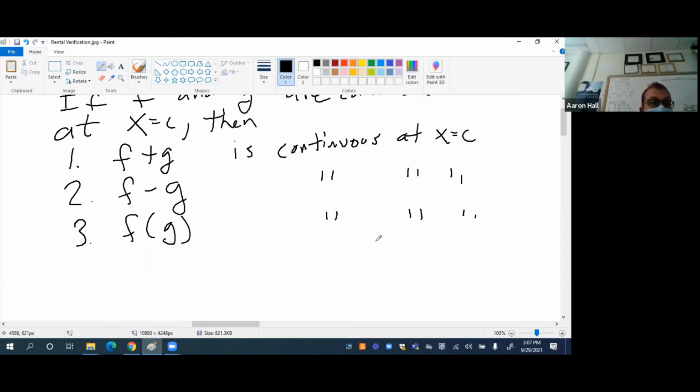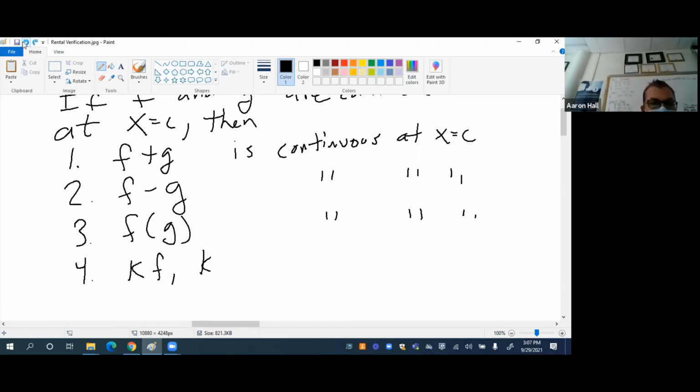Now it's also true that if I have some constant k times f or k times g, so this is just some scalar, isn't that our vertical stretch?